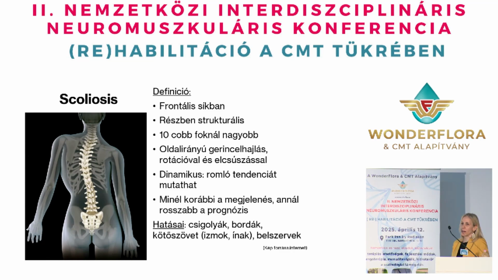This could be a dynamic situation that could deteriorate over time, and the earlier you notice it, the more you can do, but also the earlier it presents itself, the worse the diagnosis and the prognosis will be.